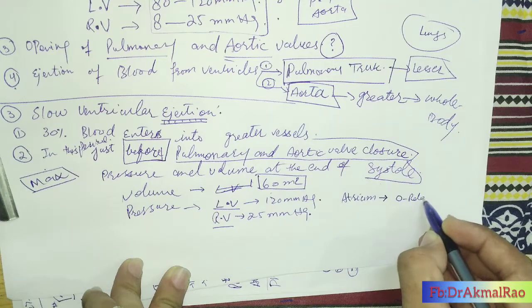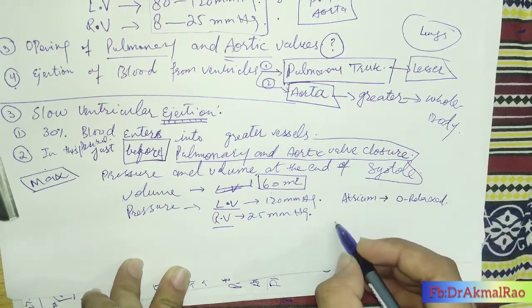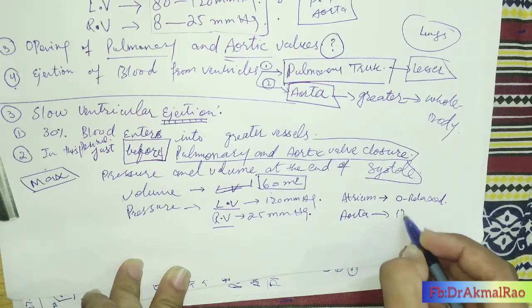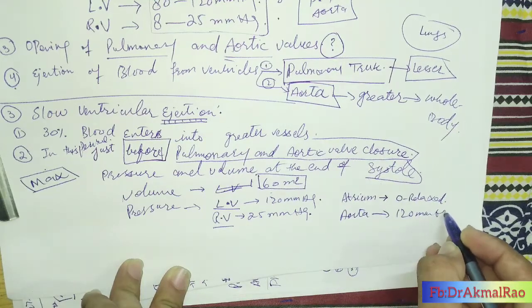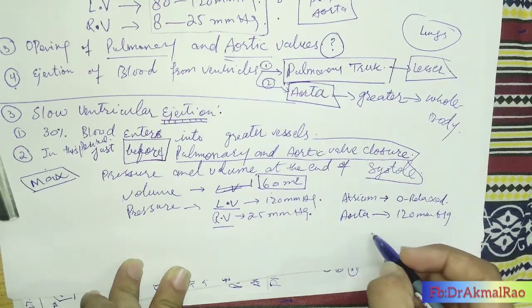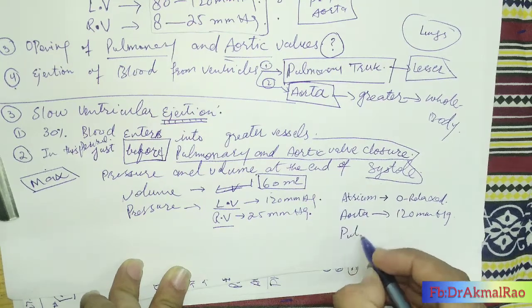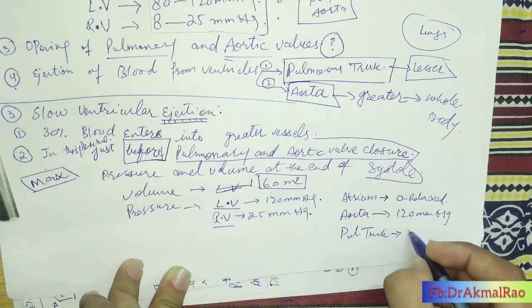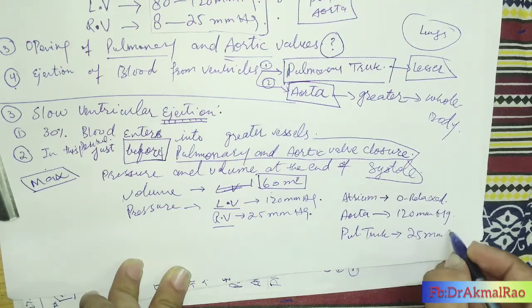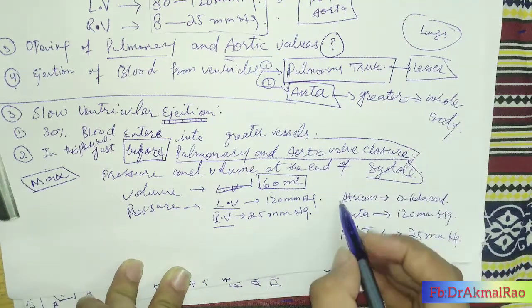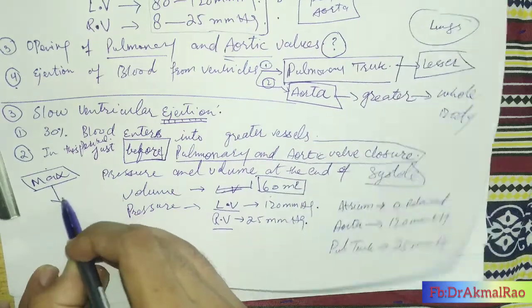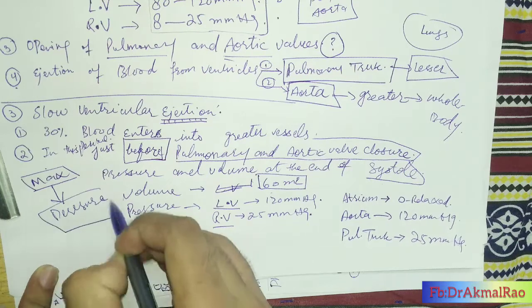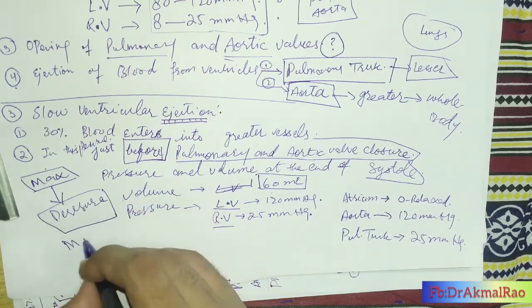For the aorta, the pressure is 120 mmHg, and for the pulmonary trunk, the pressure will be 25 mmHg. You can say max pressure in this phase. This is important for MCQs.